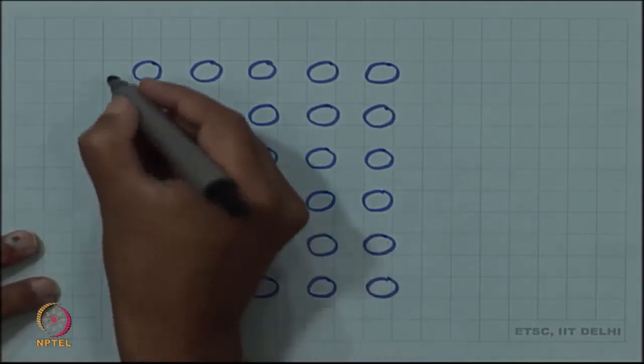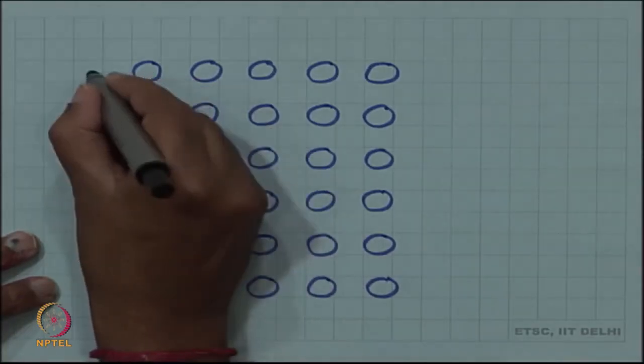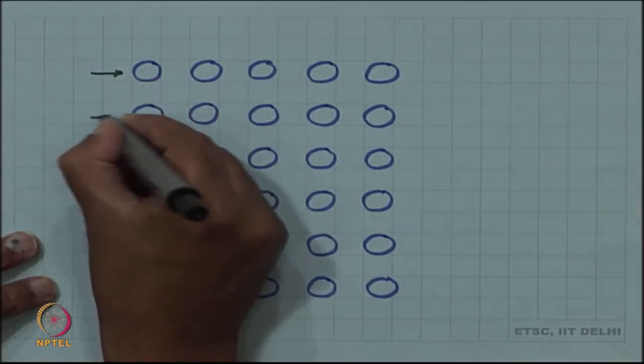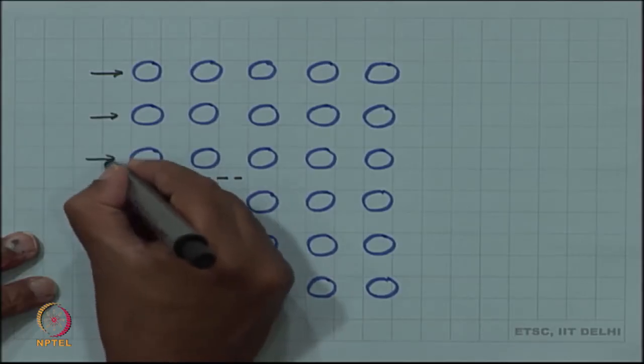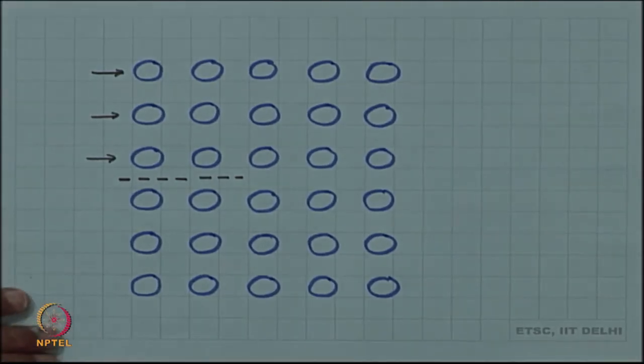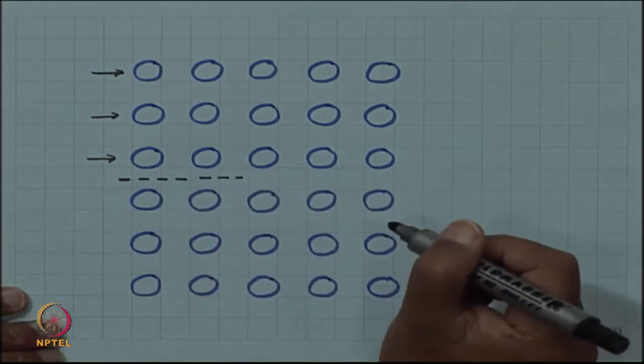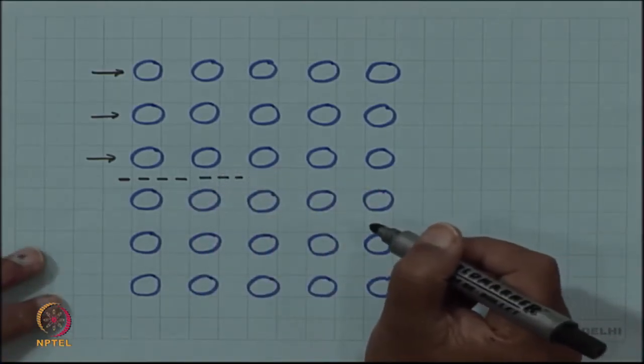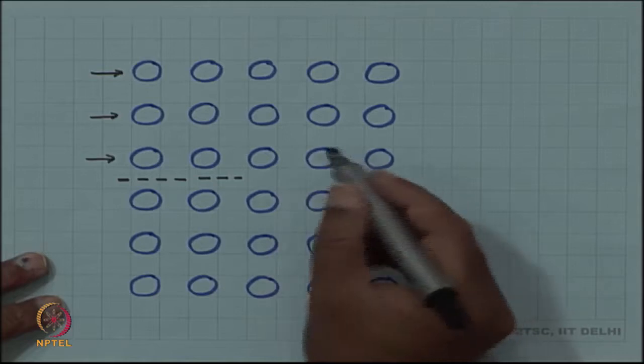And after this cut I try to push this upper half above the slip plane with respect to the lower half, and suppose I have made the cut only up to the second plane, then what will happen?